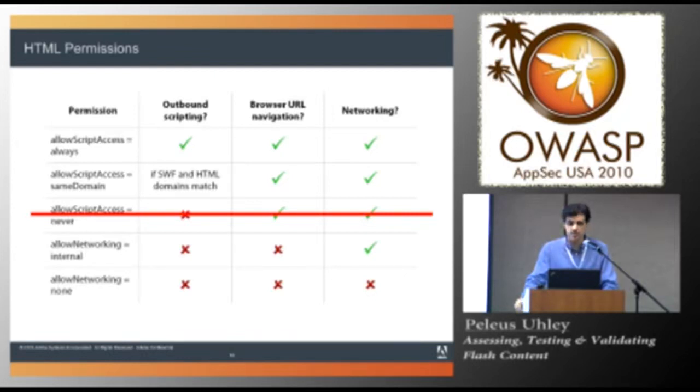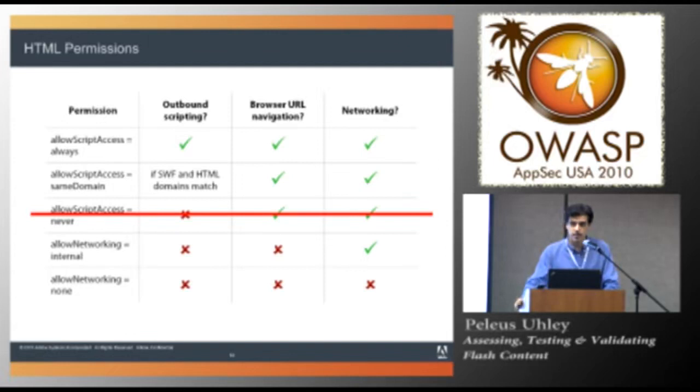If they came from the exact same server, they're allowed to talk to each other. It's assumed that it's part of the overall web application. If an HTML page on www.example.org is loading a SWF from images.example.org, by default they will not be able to communicate because those are two different domains. Flash Player matches on the fully qualified domain name.